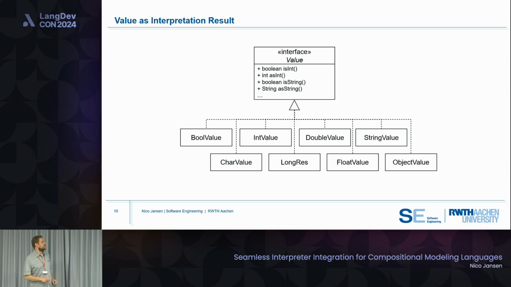So we provide this generic value interface, which has several realizations: Boolean, int, double, string, and also some general object value. This generic interface is simply a kind of surrogate to handle arbitrary types, but it also comes with usability methods to check the type and access the value pretty easily.